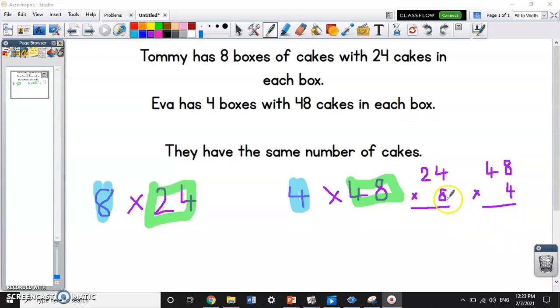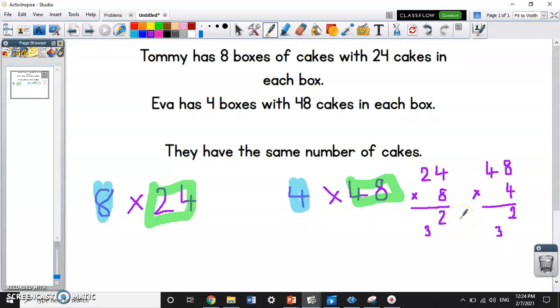Can you see them? Can you see I'm doing 8 times 4 and 4 times 8? And because multiplication is commutative, that means it doesn't matter which way around I do the multiplication, I'm always going to have the same answer. I know that both of those are going to be 32. And then, hopefully you can see coming up here, I'm doing 8 times by 2 tens and 4 times by 4 tens. So both of those will give me 16 tens.